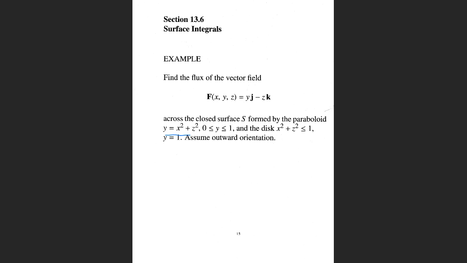Good, positive y-axis, good. And then there's a disk. Okay, and notice the disk, you need two equations to describe this disk. The disk is the points x squared plus z squared less than or equal to 1. But then you let y equal 1. And we're assuming outward is positive orientation.